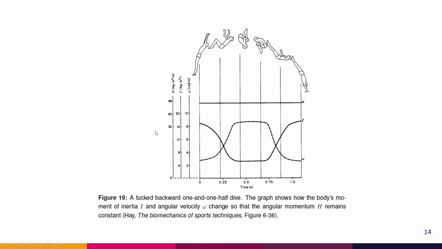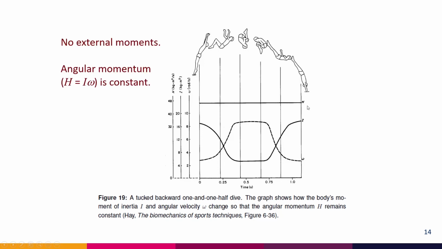So here we have a diver. He starts out in an extended position, goes into tuck, and then extends out again. And this graph shows H, which is his angular momentum, I, the moment of inertia, and omega, his angular velocity or his spinning velocity.